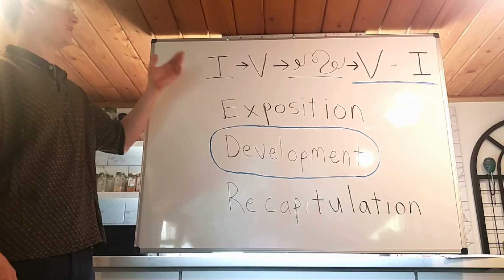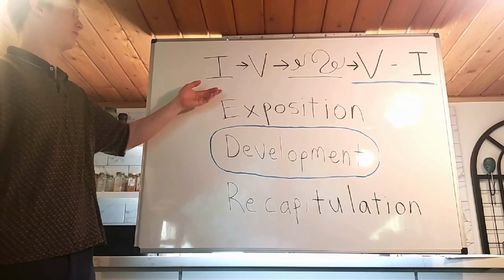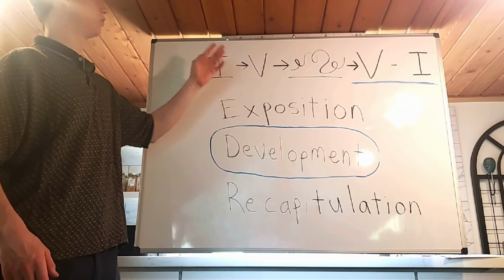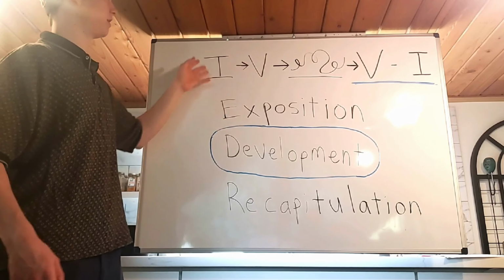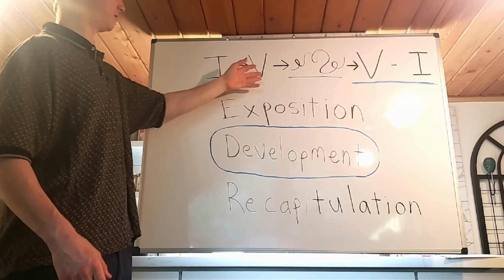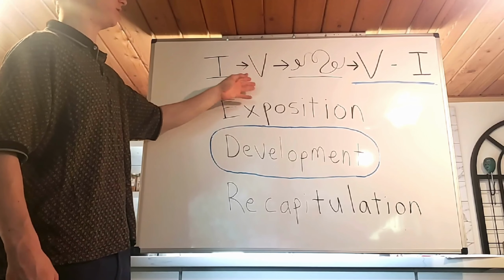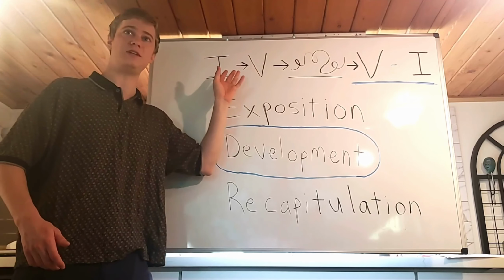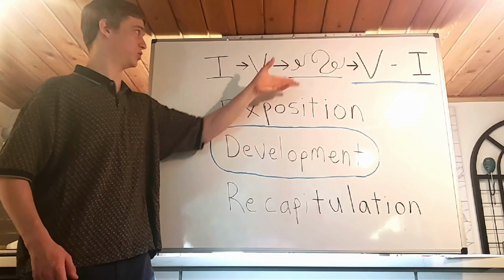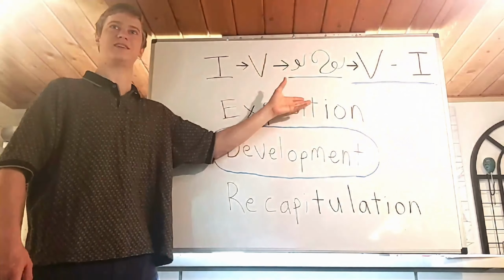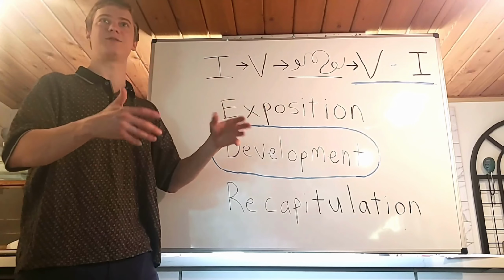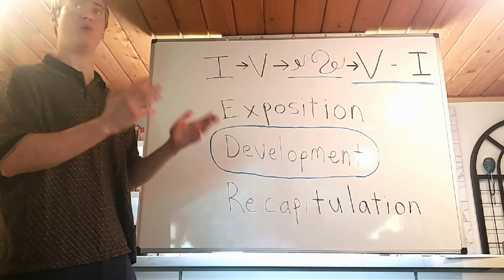So as you can see in the exposition, we're starting off in that home key in group 1. We're going to the dominant key in group 2, and then that's where our exposition ends. From the exposition on the dominant key center, then we go into the development section, which I drew like a roller coaster basically, because it's going to be modulating through all these key centers, not really settling on one of them.